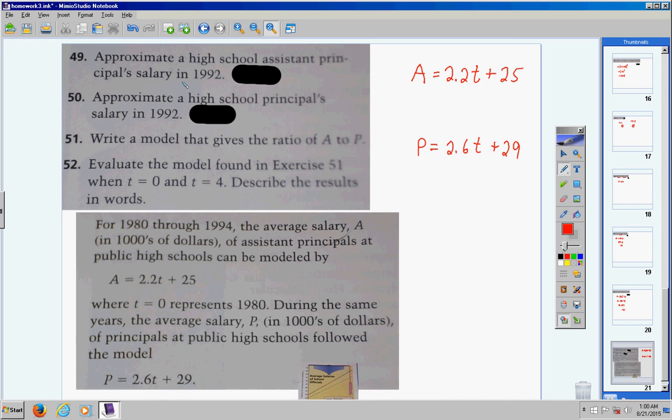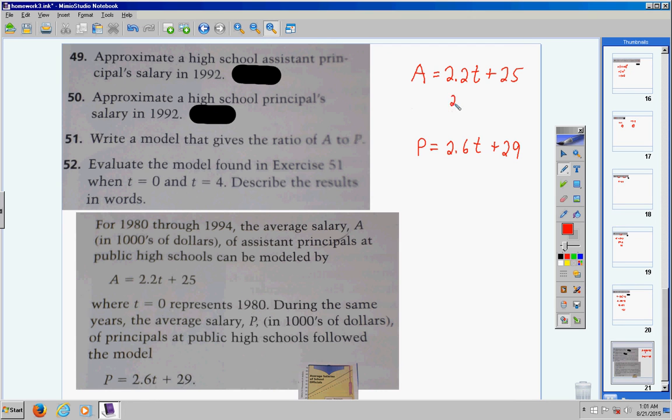So let's see if we can answer some questions. Approximate a high school assistant principal salary in 1992. Okay, we're going to use this formula right here, because this is the assistant principal formula. In 1992, well, T equals 0 represents 1980, so 12 years later is 1992.